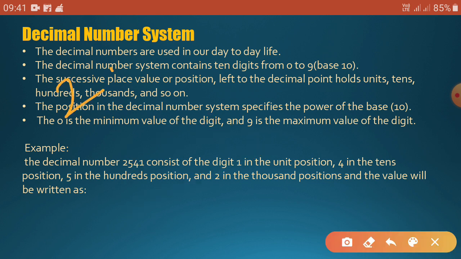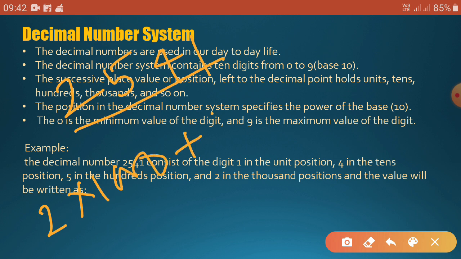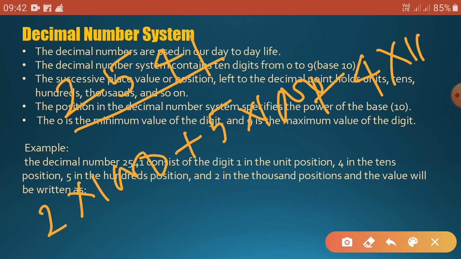So we can write this value using the place values: 2 into 1000 plus 5 into 100 plus 4 into 10 and then 1 into 1.